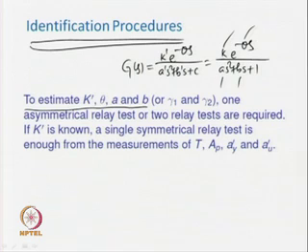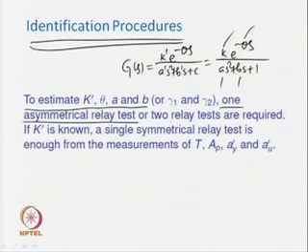To estimate all those, one asymmetrical relay test might be required. Then you can make more measurements. In place of one peak amplitude, you will have 2 peak amplitudes and you will have more expressions which can be solved simultaneously to identify more unknowns associated with the transfer function.